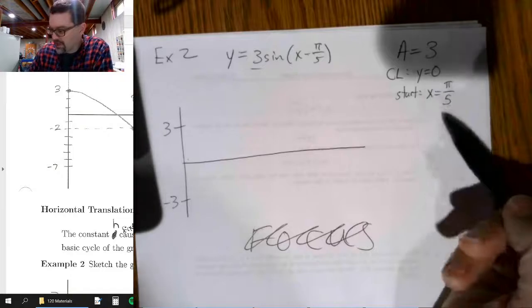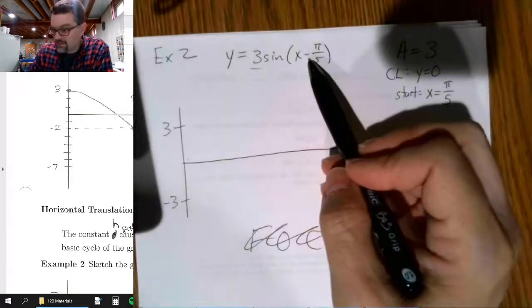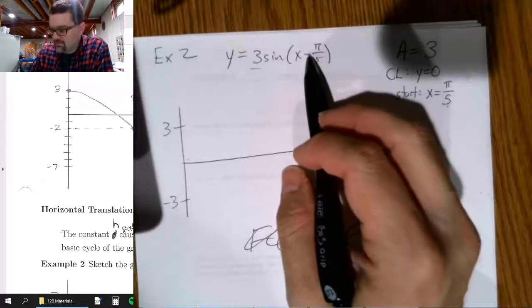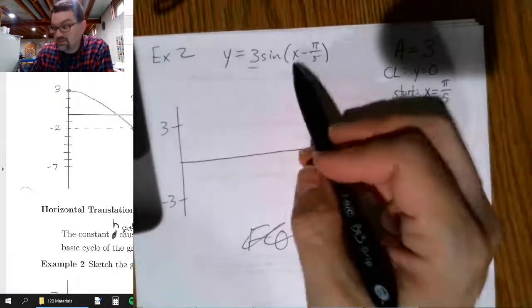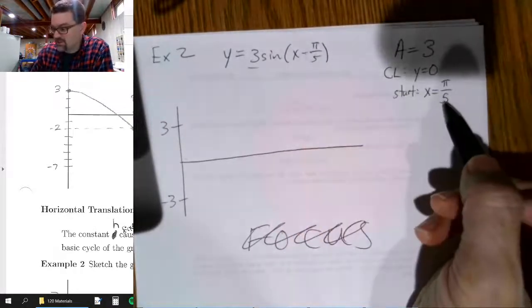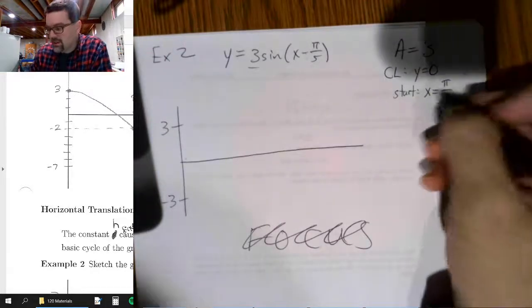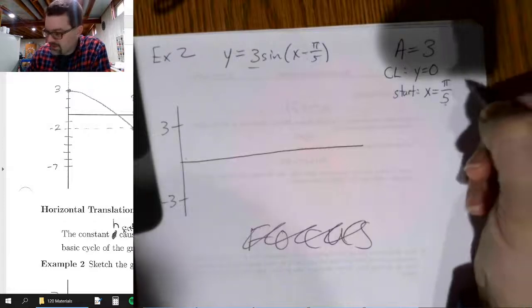If you want to think of it as the start is the opposite sign of what's in there, that's fine too. But in general, this is going to be written as minus some h. So basically, if this is a plus, that means we're starting at a negative number instead. All right, so starting at x equals pi over 5.